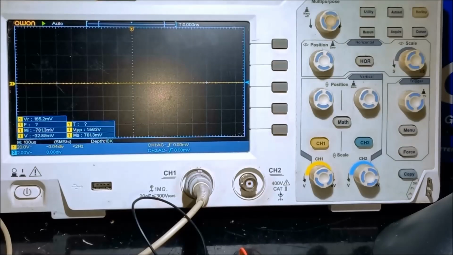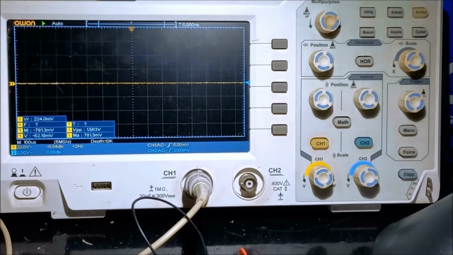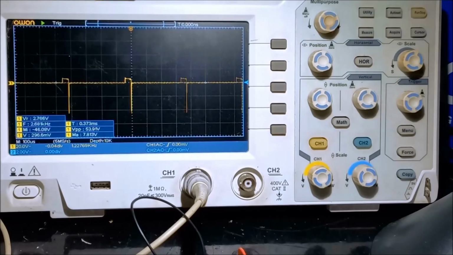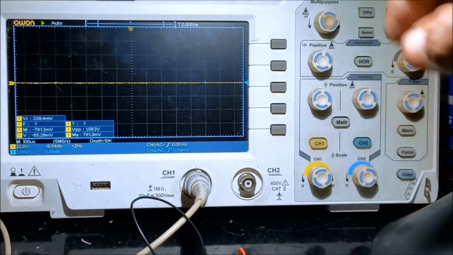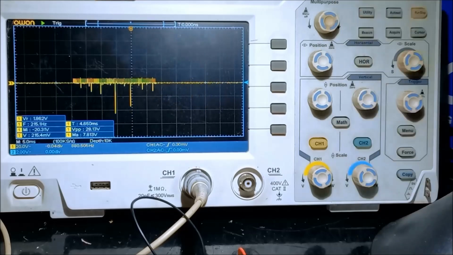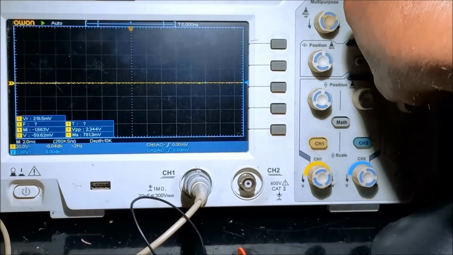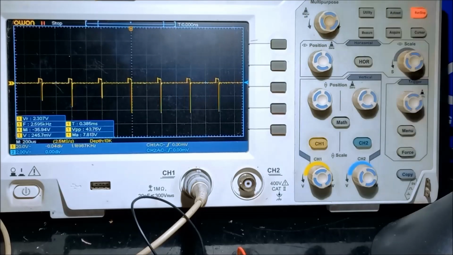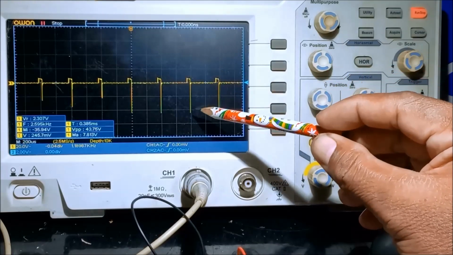Let us now test the circuit. When I press the switch, okay, we can change the scale. That is the waveform produced by the circuit. And if we're going to change the scale again, we capture the screenshot of the waveform.